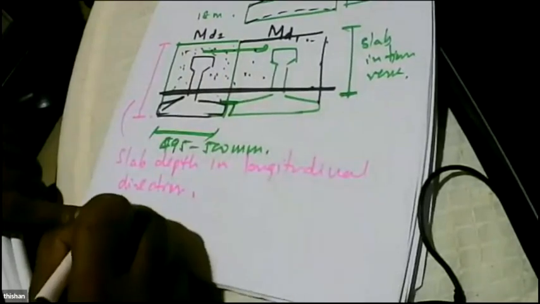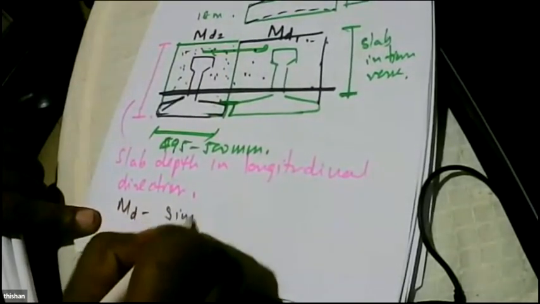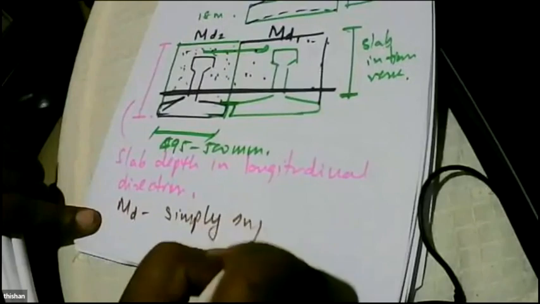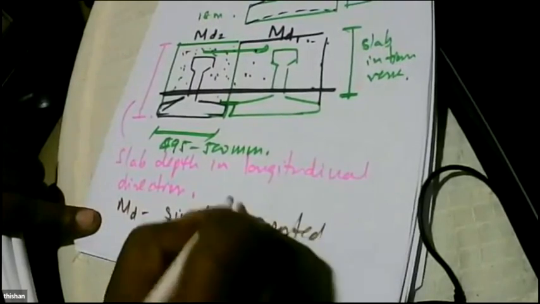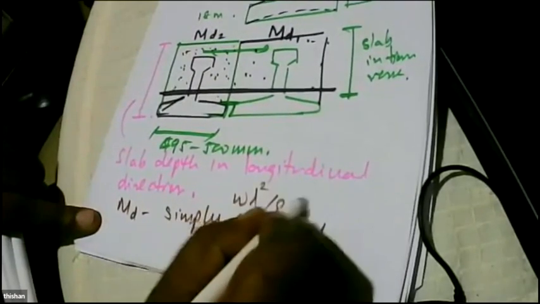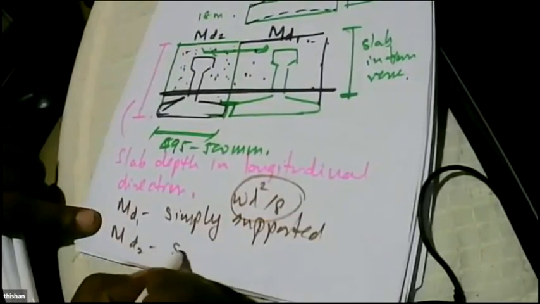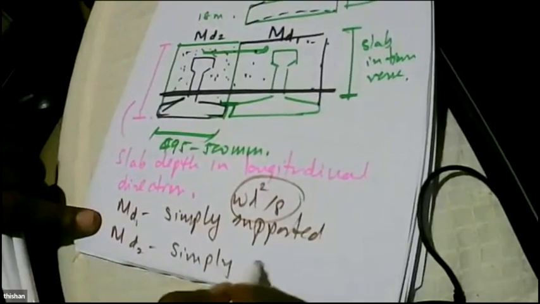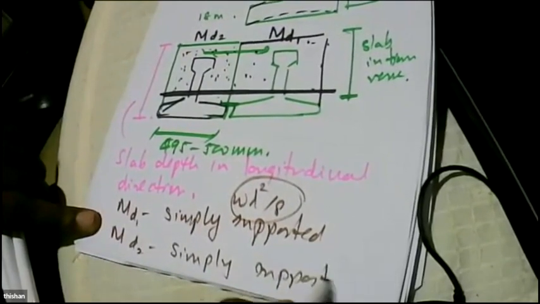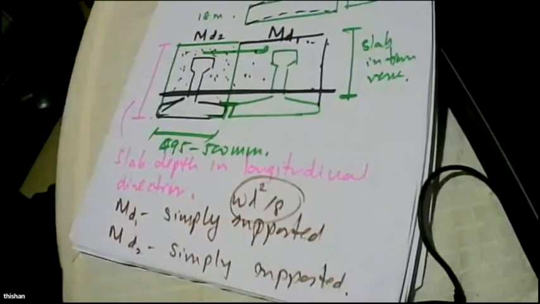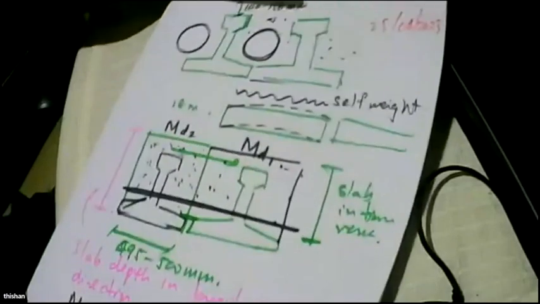So MD1 simply supported, which means a W L squared over 8 type situation. MD2 still simply supported. Now we have to see how it's going to behave after this. After this, we are going to place asphalt, and we can even get MD3.